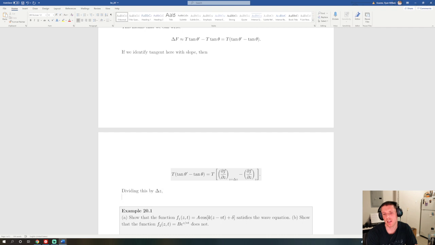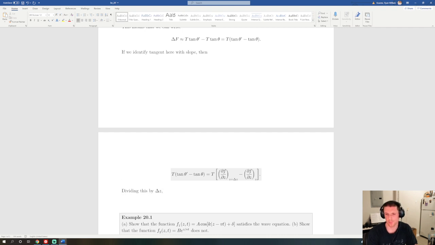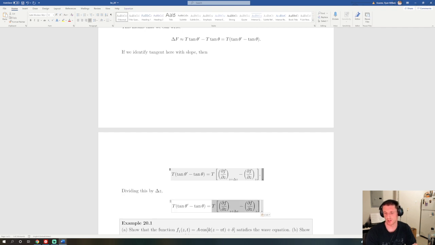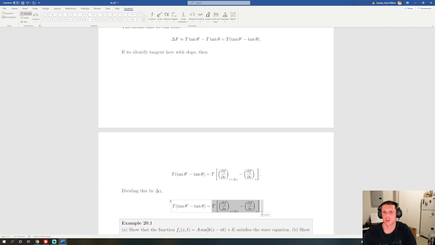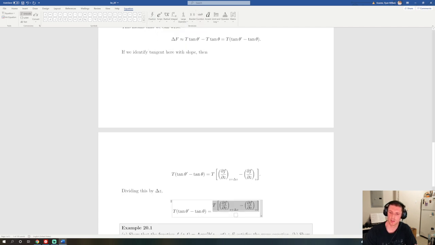What we have then is something like this. Let me just copy and paste this, and then I'm going to divide this by delta z. I should divide both sides though, actually, if I want to be careful. So delta z, and then we can divide this side too, just because it should be divided by delta z.